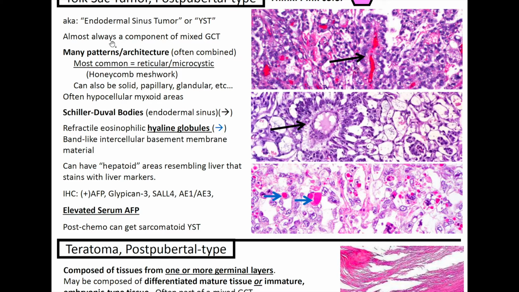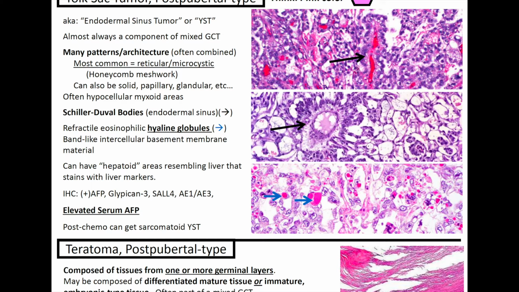Classically for yolk sac tumor, you're going to see Schiller-Duval bodies and refractile eosinophilic hyaline globules, as shown down below, and band-like intercellular basement membrane material. So here's a nice example of a Schiller-Duval body, maybe even one up here. And you can have hepatoid areas resembling liver that stain with liver markers.